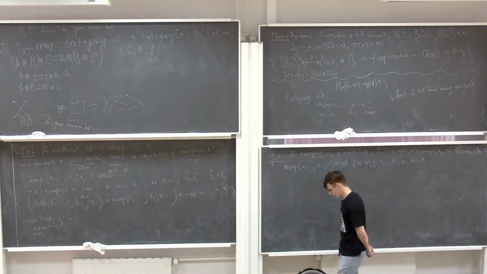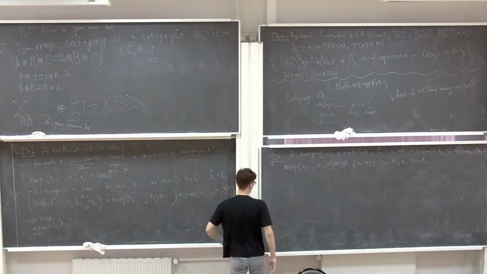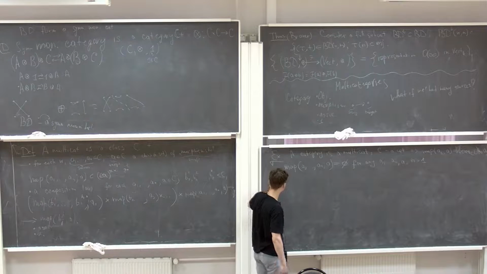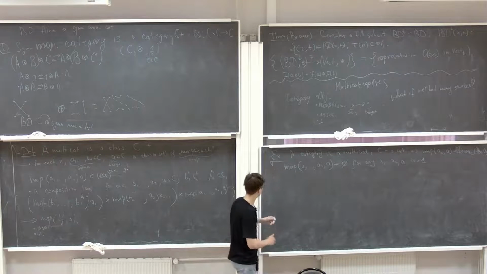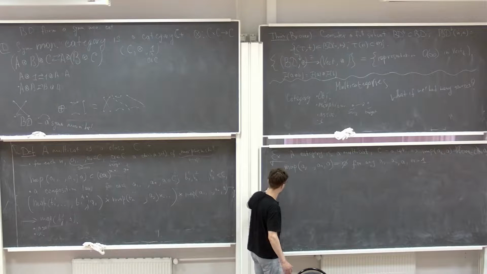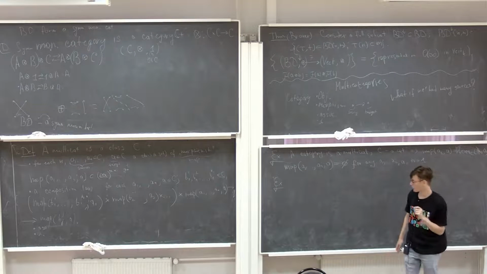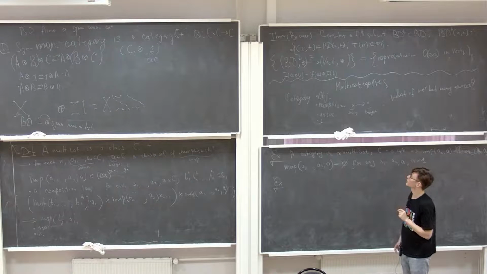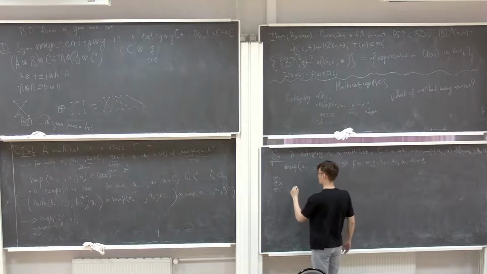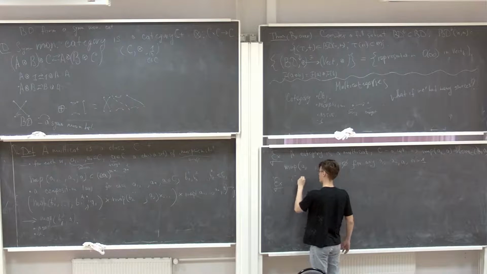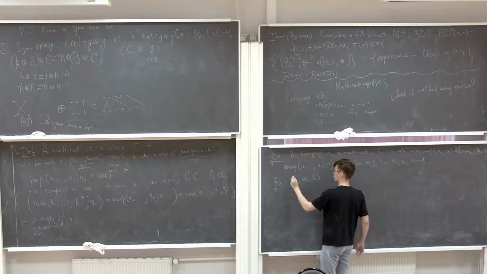Okay. Now let me give another example. This is the generalization of the multi-category of vector spaces. So let's assume that we have a symmetric monoidal category.